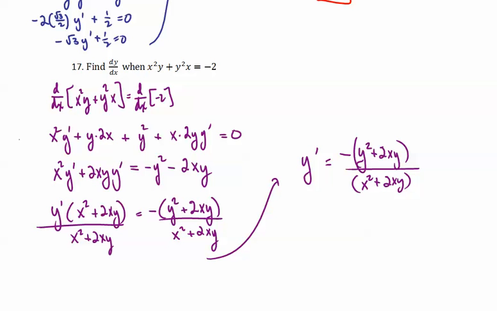Now you can't cancel the 2xy's there, so don't try to do that. They're not factors of the numerator and denominator respectively. So that is going to do it for this problem. So we're done with 17, and we'll go on to 18 in the next video.